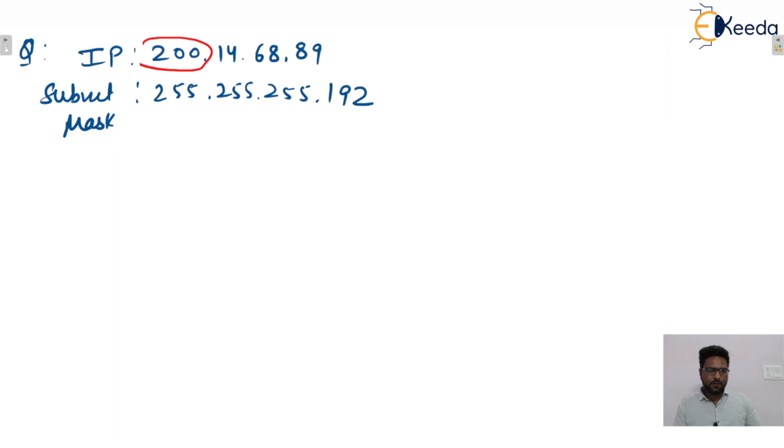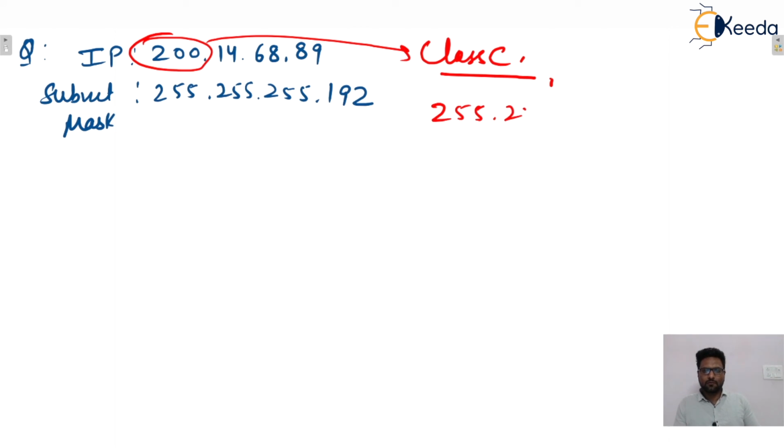So with the IP you can identify the class of this one is what? Class C. So for class C, default mask is what? 255.255.255.0, isn't it?